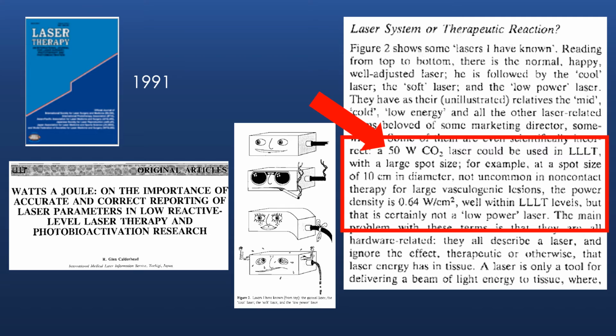So by our laser classification scheme, a 50-watt carbon dioxide laser would definitely be a class 4 laser. However, in his example, it is being used with a very large spot size, so the power density is very low, and therefore the reaction at the tissue is that of healing and not ablation.